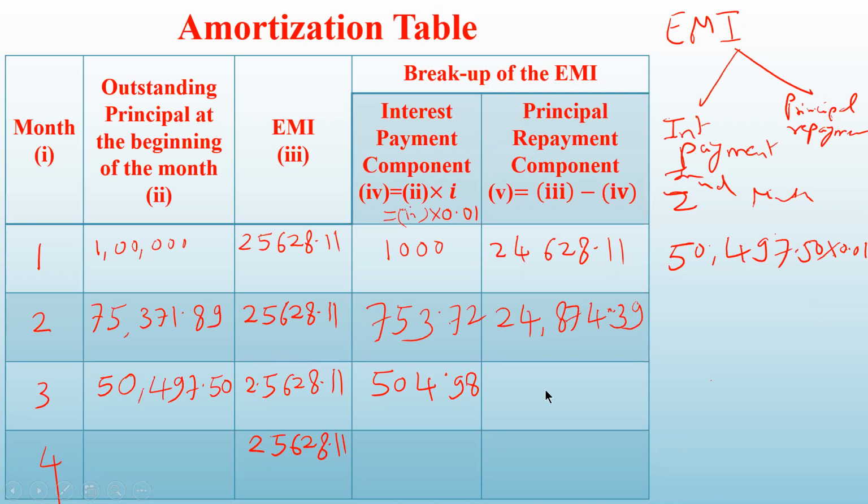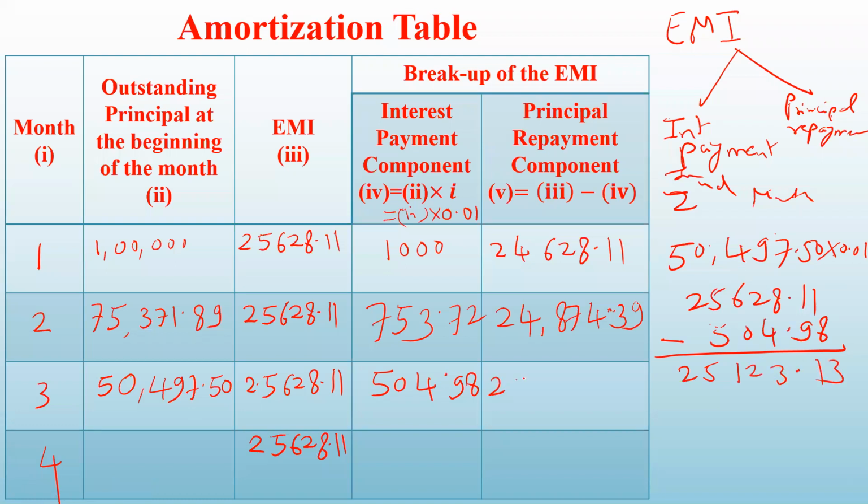So what remained for the principal repayment? 25,628.11 minus 504.98. See, third column minus fourth column. That will give you 25,123.13.